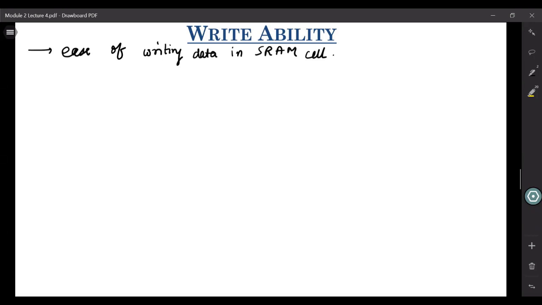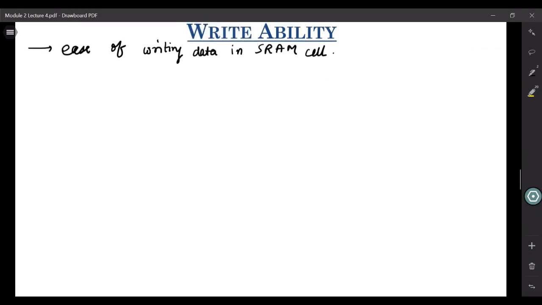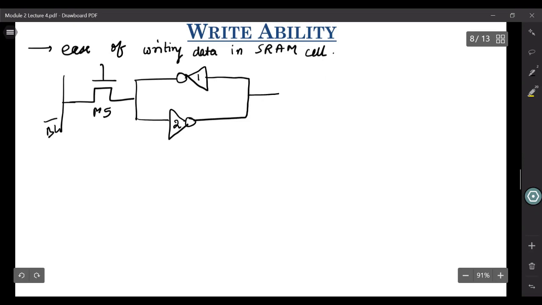For this, let us first draw the circuit of this SRAM cell in the write mode. I'll be using the same kind of configuration, where you have these access transistors: this BL bar, this M5 access transistor, then inverter 1, inverter 2, this M6, and then this BL, right?